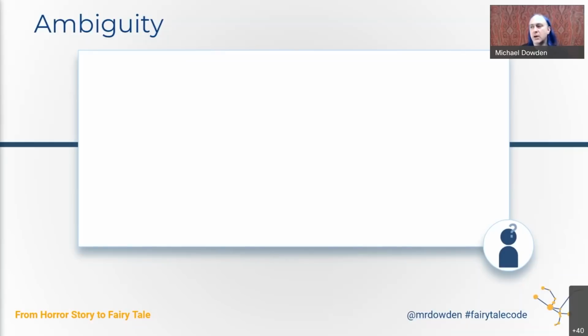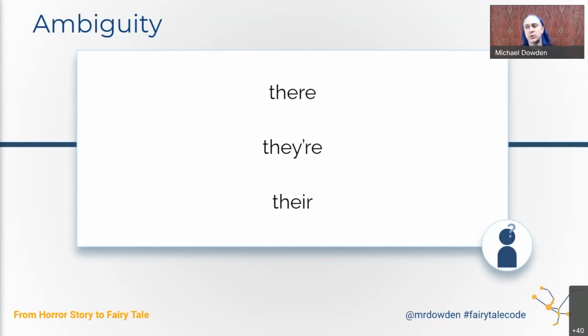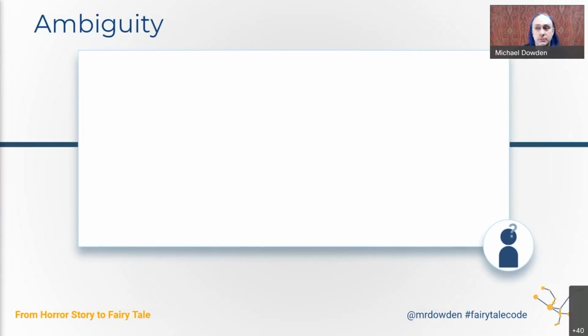What do I mean? Well, there's three different words that I could mean when I say that. What about to, or two? Three more possible things that I could mean. They all have slightly different meanings, very different meanings, in fact. And so we don't know when I say to, without the rest of the sentence around it, what do I mean? So this is an example of ambiguity, and we have written ambiguity as well.